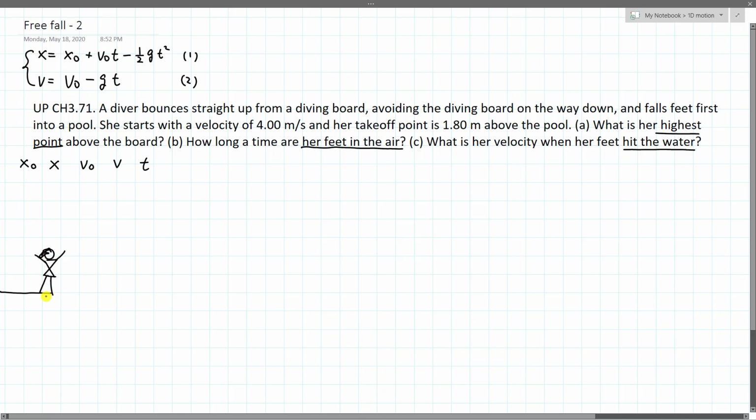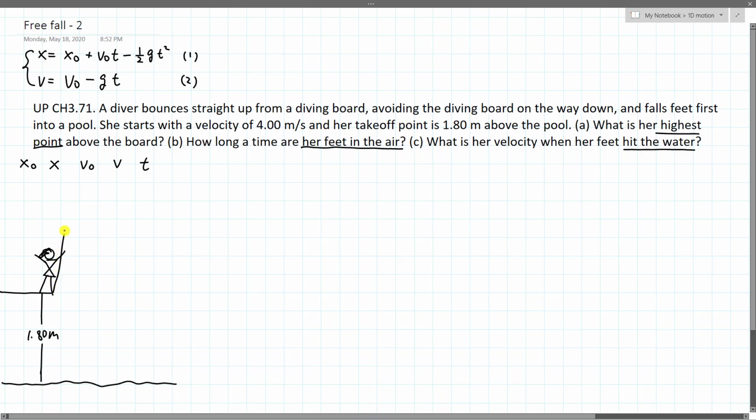Alright, so what we know is that the takeoff point right here is 1.8 meters. Let's say here's the water surface. And she jumps up, so let's just draw a trajectory.